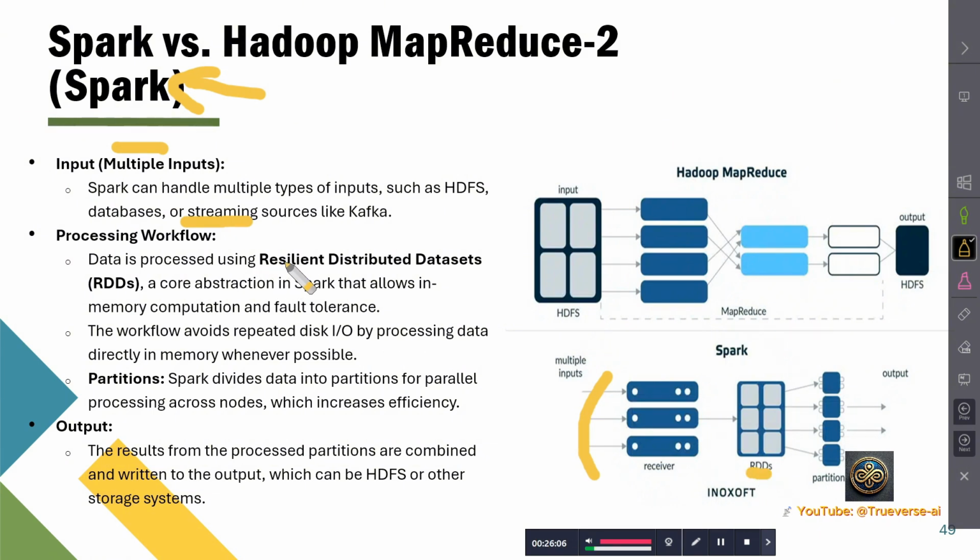It is one of the data abstractions in Spark. Spark has many data abstractions to do processing, and one of them is the RDD. So processing is based on the RDD, which allows in-memory computation. This workflow avoids repeated disk input-output by processing directly in memory, not from the disk.